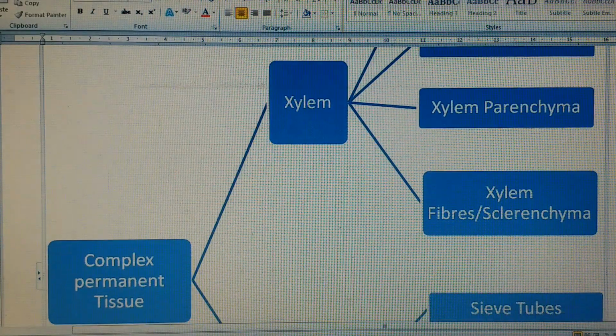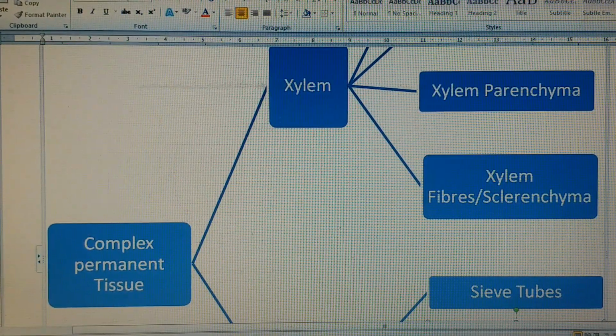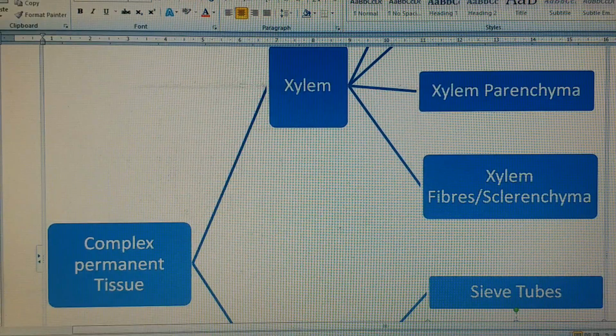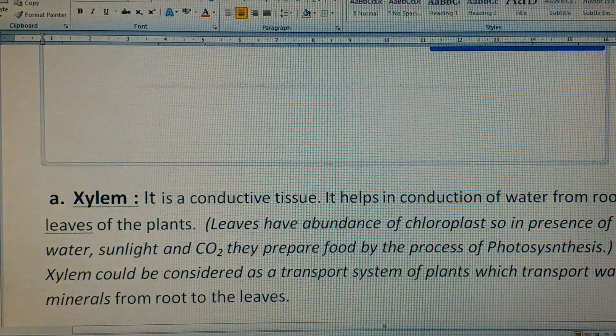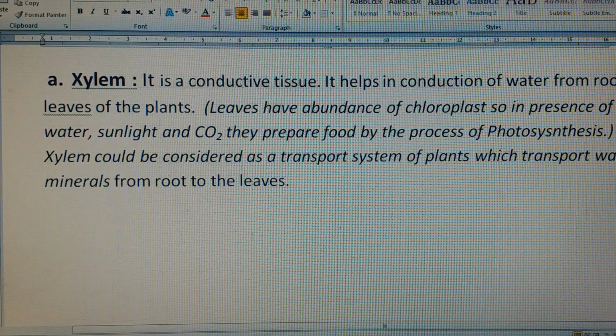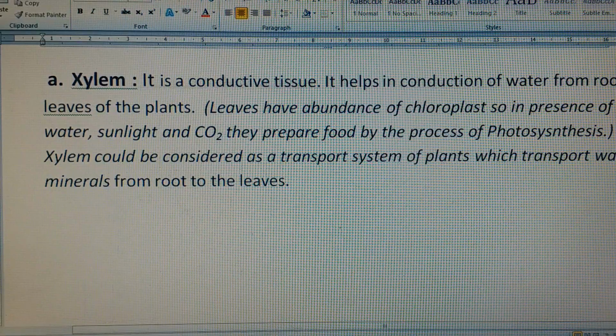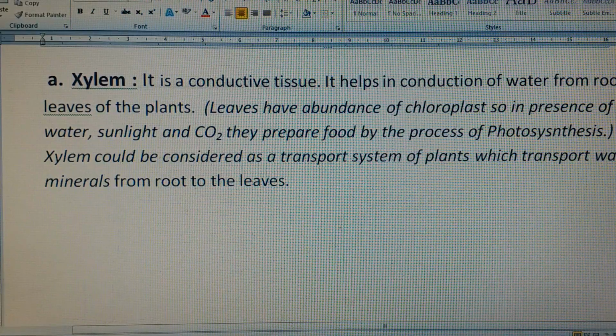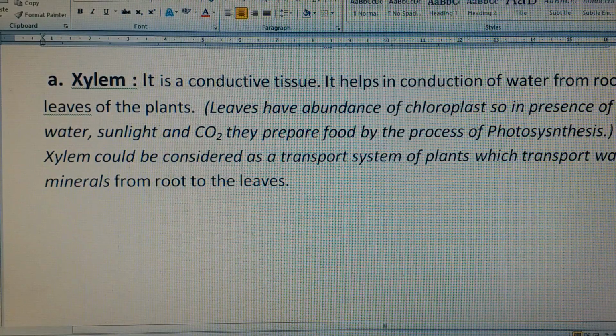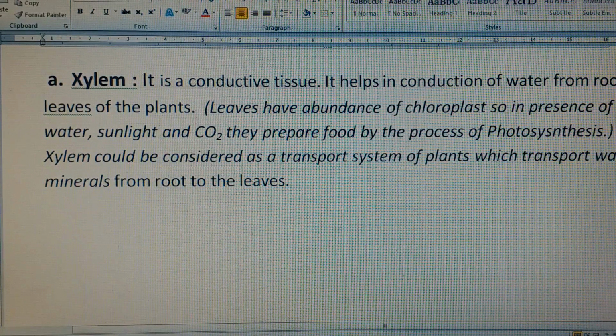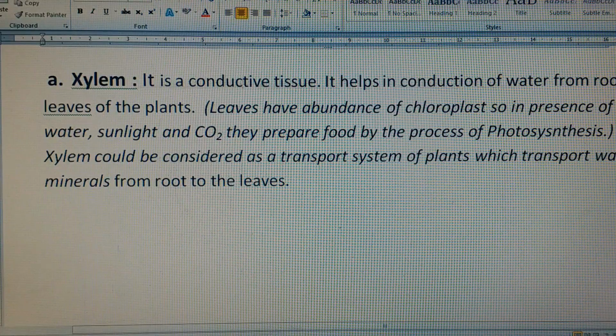Now, the xylem has various types of cells. One more thing I want to tell you is that xylem transports water as well as the minerals absorbed by the roots.